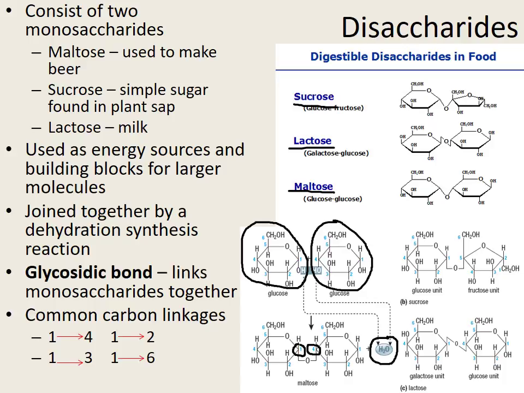Some common linkages, and this will be a multiple choice question: 1,4, 1,2, 1,3, and 1,6 linkages. The bond that forms between the 2 glucose molecules is called a glycosidic bond. Remember that because that's also a multiple choice question.